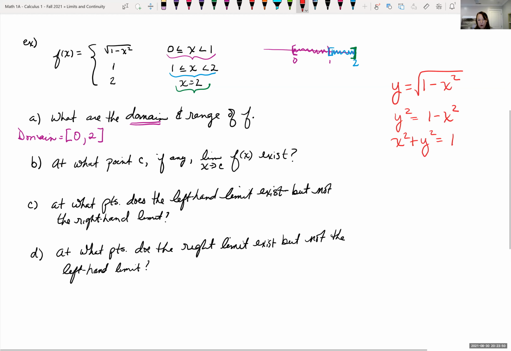So maybe you recognize that. And notice that this is just a circle. It's in that standard form of a circle, x squared plus y squared. The center is 0, 0, with a radius.